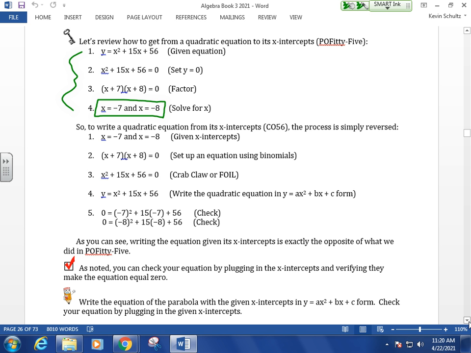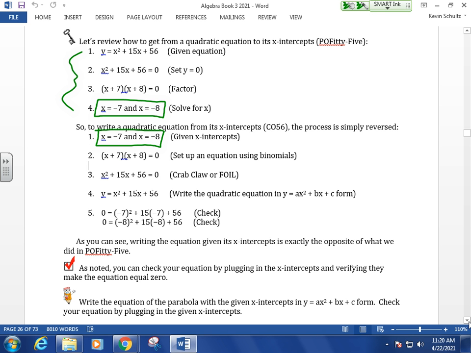If you know the procedure to factor something, then getting back to the equation is really just the opposite. If I tell you that the x-intercepts are -7 and -8, then what would our parentheses have looked like after factoring?